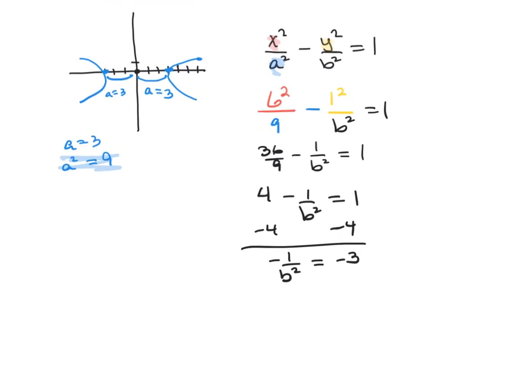And now I need to solve for b squared, so I could multiply both sides by b squared to get it out of the bottom of the fraction. And now I'm left with negative 1 equals negative 3b squared, divide by negative 3, and b squared equals 1/3. I don't need to square root it, because again, remember, you're looking for b squared.